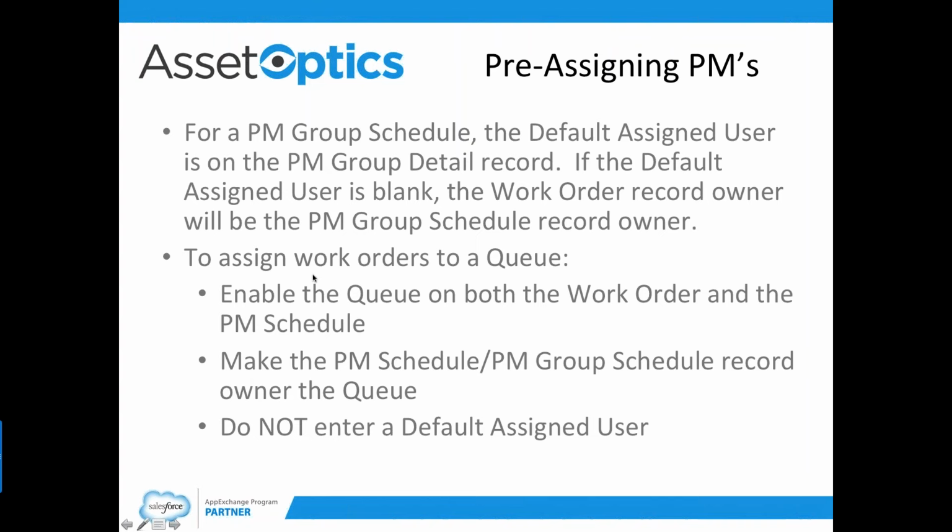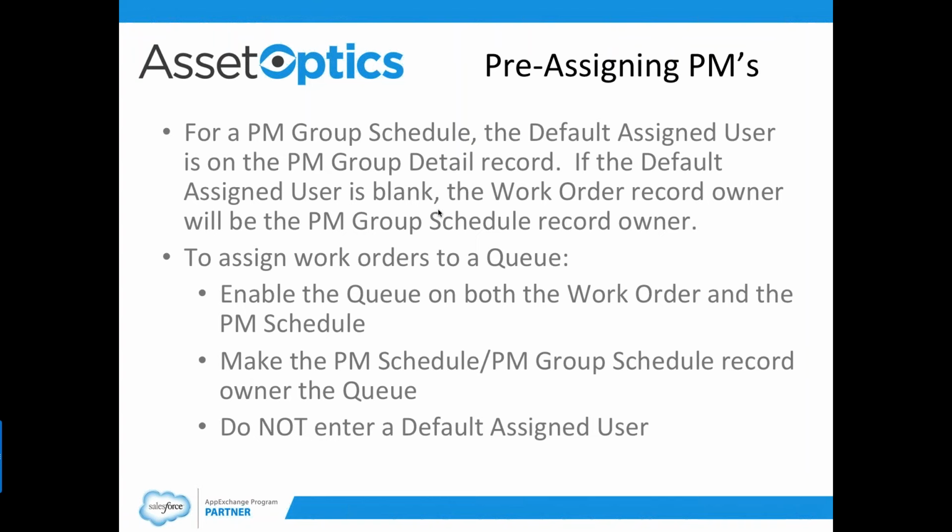Now, if you don't assign a user, then the work order record owner will be the PM group schedule record owner. And it's because of the logic of the record owner that allows you to do something like assign to a queue.